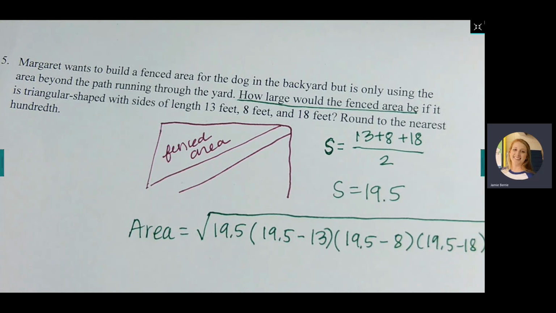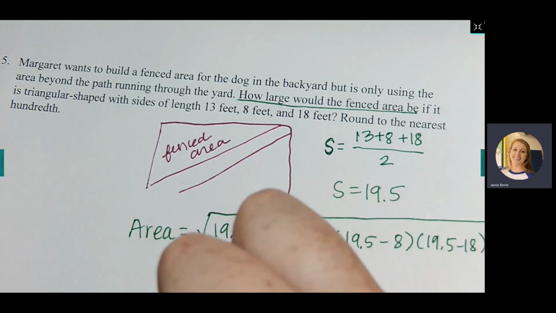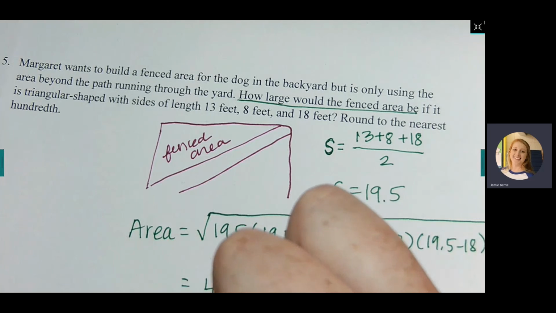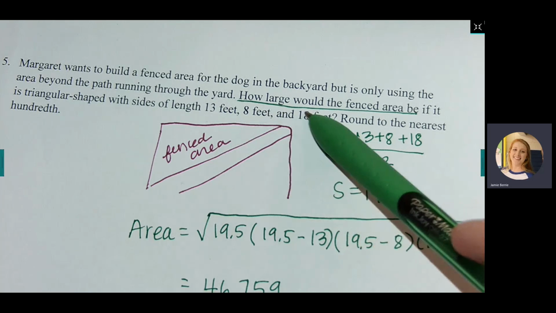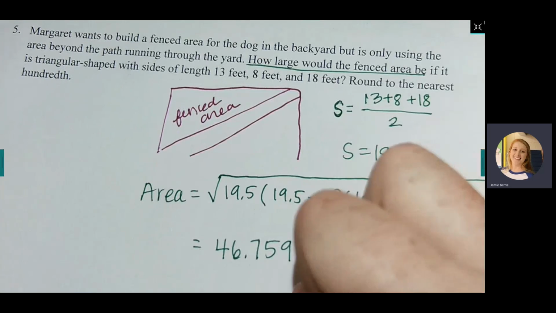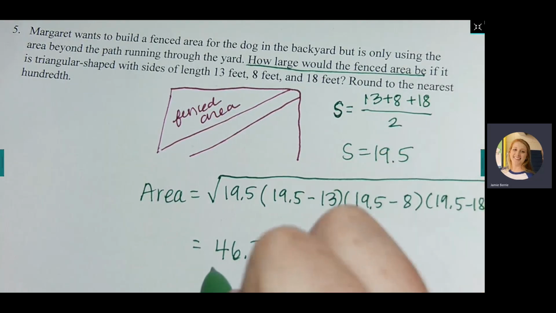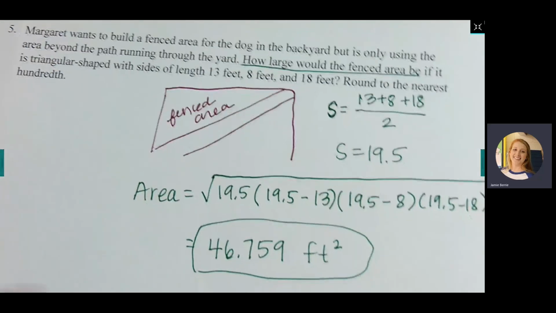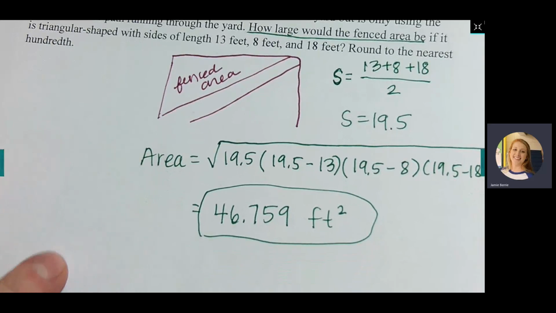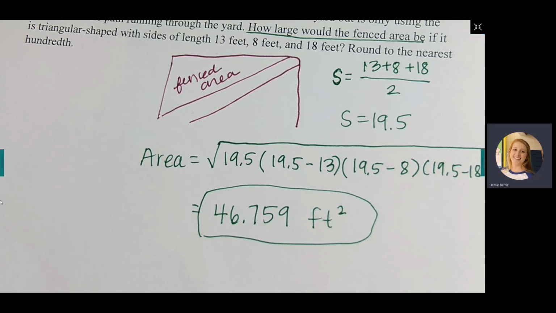All right, and then what do y'all get to 3 decimal places? Yep. And this one is in feet, so we'll do feet squared or square feet. That's the fenced-in area. So this could help this person determine how much fence they need to buy or whatever. All right, so let me stop this recording and talk about the test real quick.